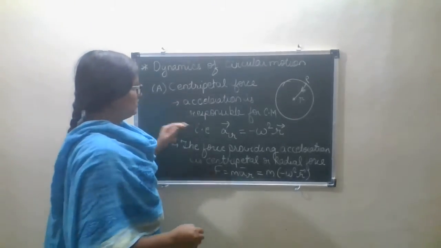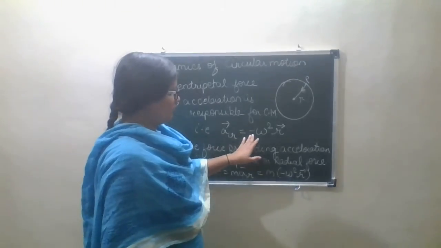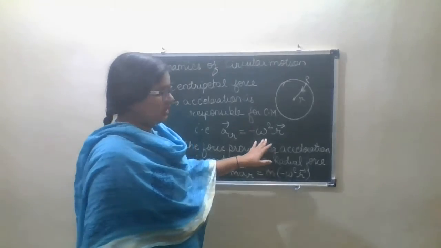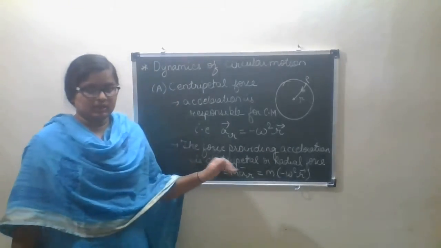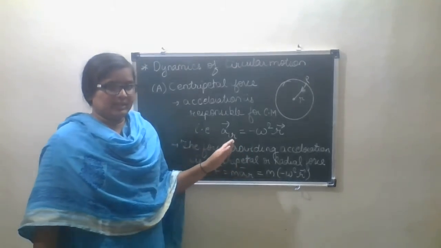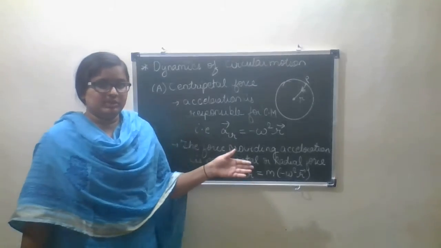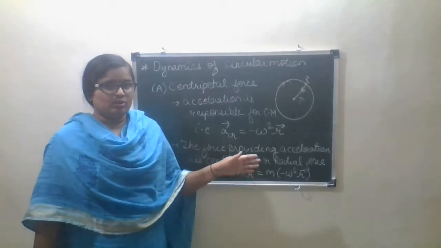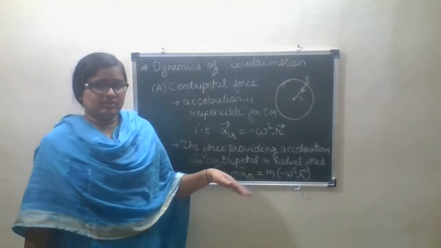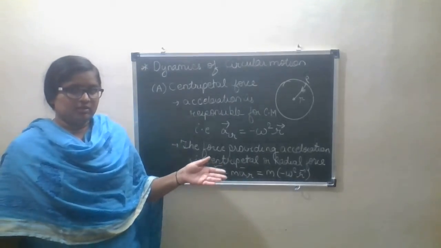Now the radial acceleration in vector form, we know, is minus omega square r. We have already seen that the radial acceleration is minus omega square r in vector form, and in magnitude form it is omega square r. Then, after substituting the value of omega, what is the value of omega?